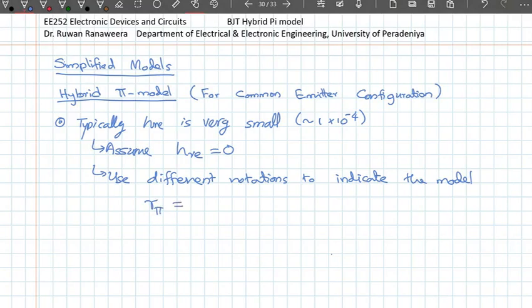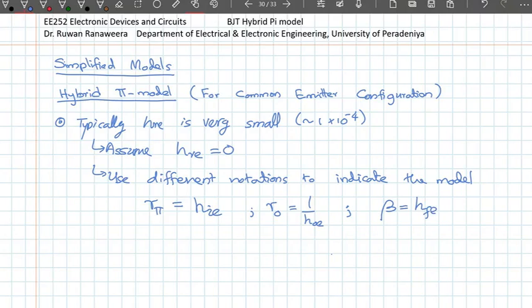R pi is basically the HIE, and we also use R naught to represent the output impedance, which was initially represented by 1 over HOE, the output admittance that we had. HOE was the output admittance, but we are going to use it as output impedance now. The other parameter that we had was HFE, which we are going to call beta now.